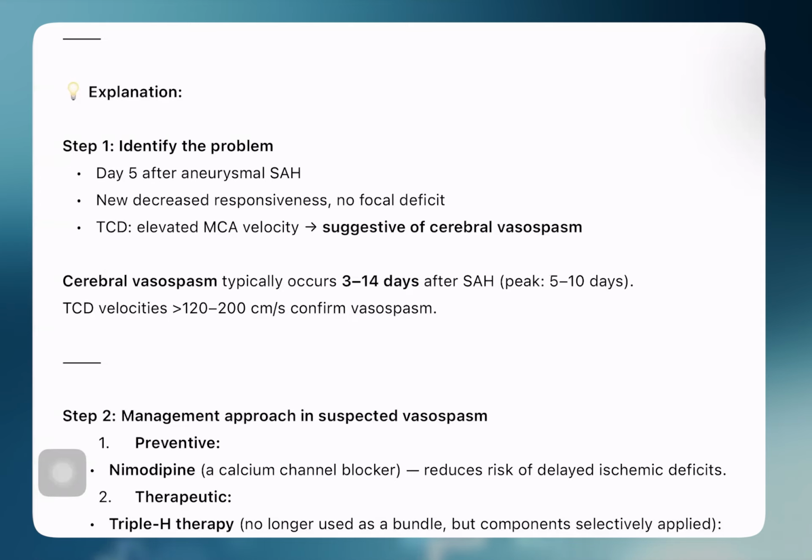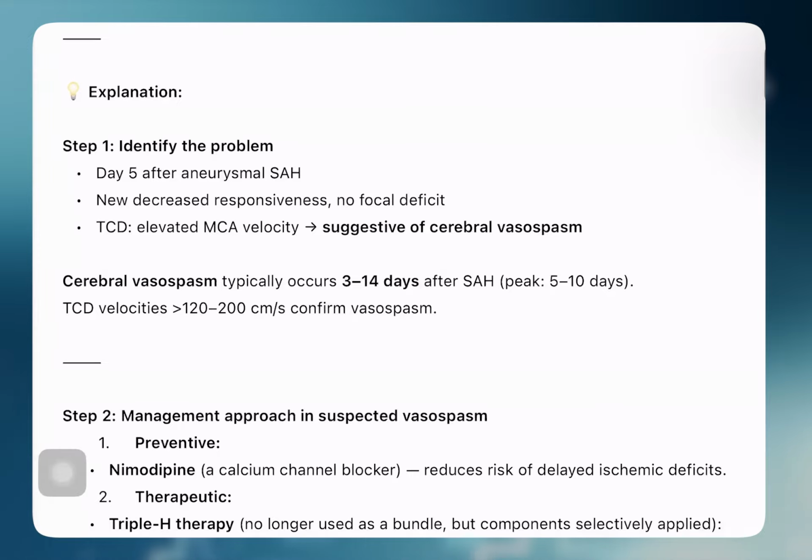So when I was confusing you, you should have stood up and said, no, the mean velocity has increased from 120 to 190. Definitely there is vasospasm, even if there is no issue as far as the neurological deficit or pupillary reaction is concerned.